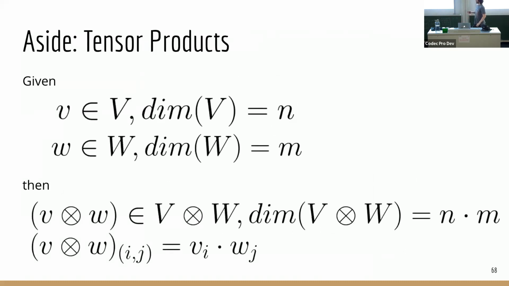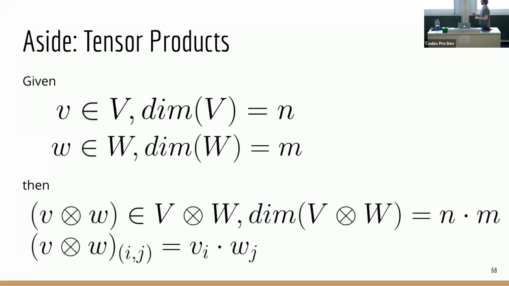Now, just to give a brief review, a tensor product is defined as follows. If we have some vector v in an n-dimensional space and a vector w in an m-dimensional space, then the tensor product of v and w is of dimension n times m, and each entry of their tensor product is a product between an entry of v and an entry of w.